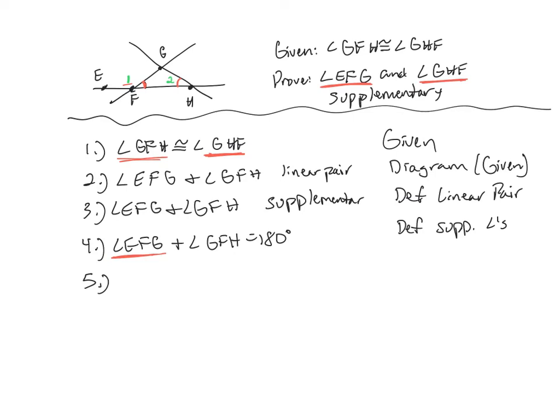But I have GFH. So I can substitute, because back at this first step, I can take this and substitute it right there because they are congruent, or they are equal. So I can say that angle EFG plus angle GHF equals 180, and that's substitution.